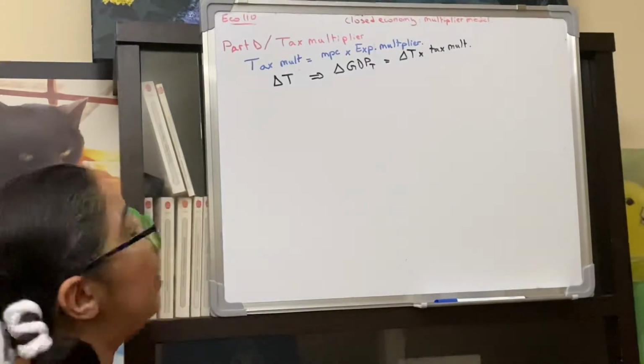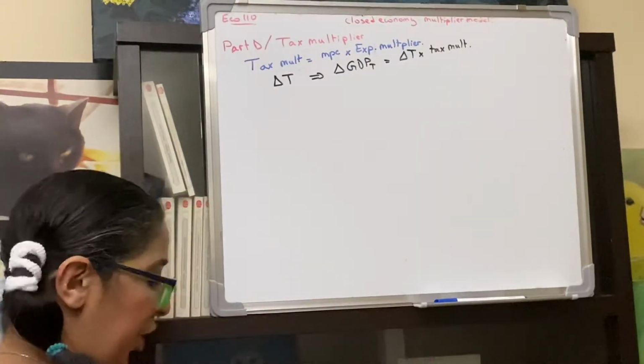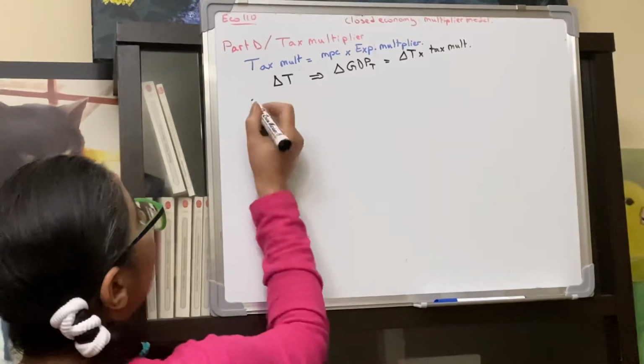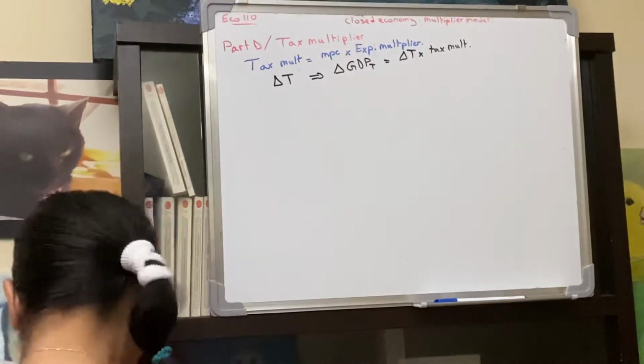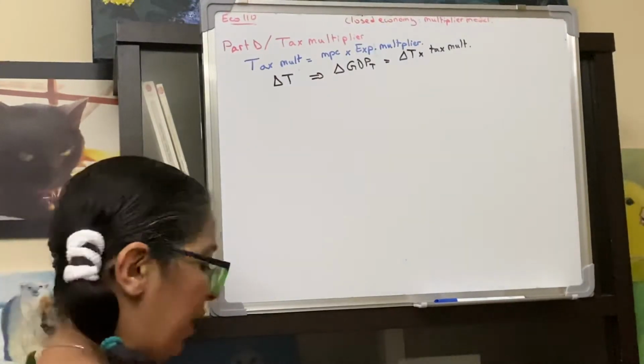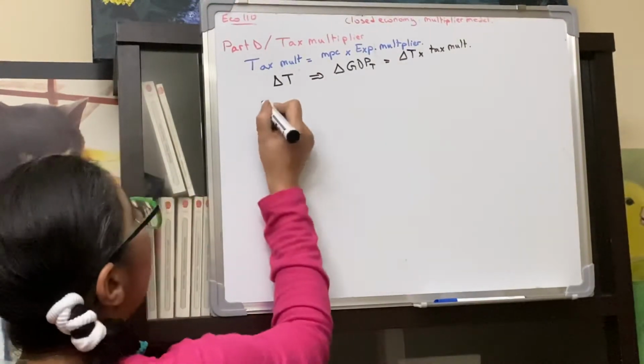Once you find your delta GDP due to T, you're going to have one rule. So the new GDP, I'm going to write it in red. Oh, you don't see well in red. Okay, so I'm going to write it bigger.